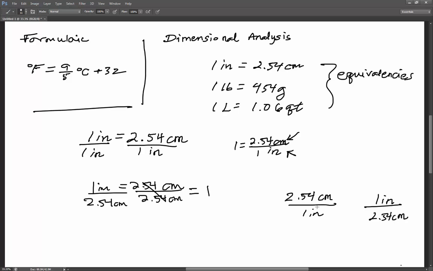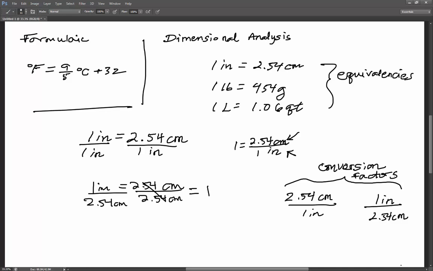And since these two things are equal to one another, when I divide one by the other, each of these is equal to 1. So these become conversion factors because I can multiply anything by one of these conversion factors, and I don't change the value of that thing. I only end up converting it into a new set of units.